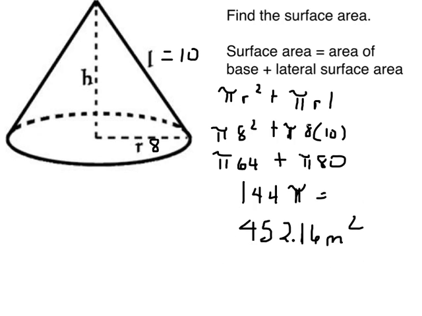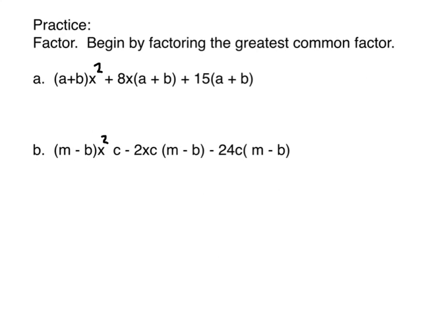Now let's work our practice problems. All right, now this says factor, and begin by factoring the greatest common factor. Now remember, we've got a plus b, which is common to all three, so we're going to just take that out, and then we're going to see what we have left after we do that. Well, we have x squared plus 8x plus 15.